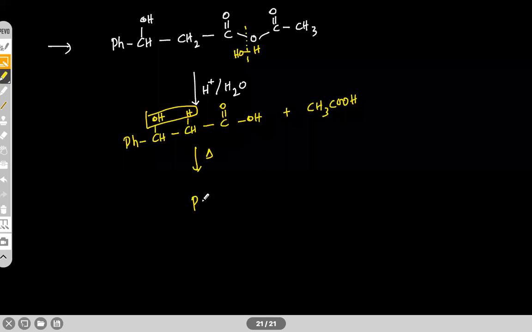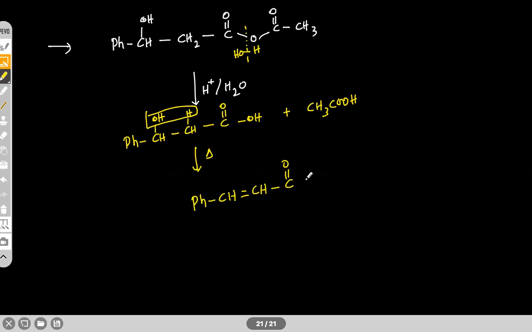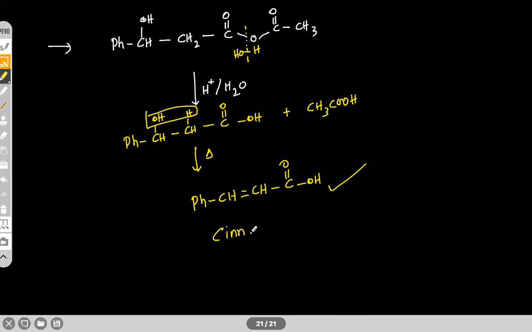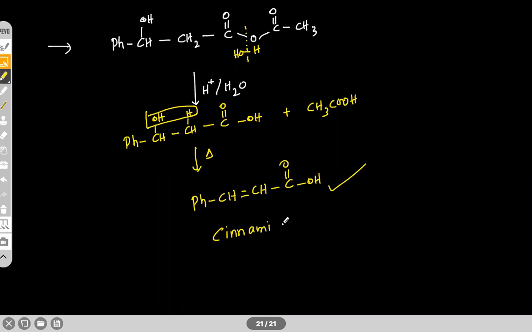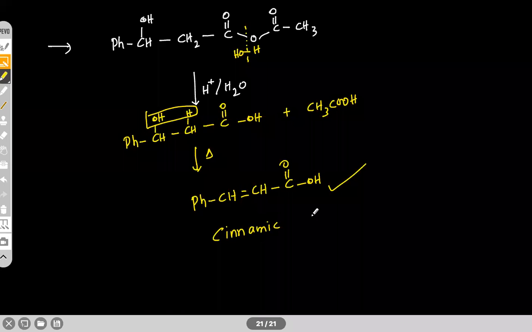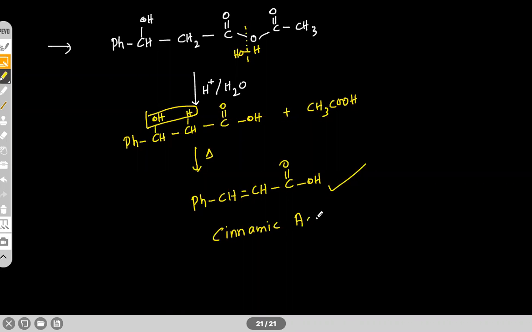So it converts into Ph CH double bond CH, C double bond O OH. This is cinnamic acid. So what's the name? Cinnamic acid.